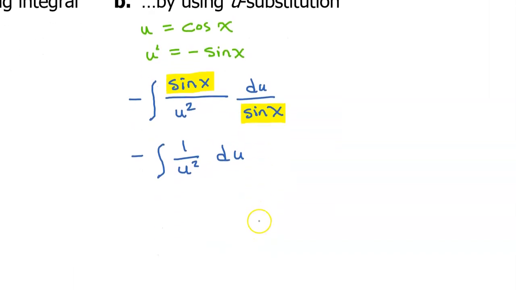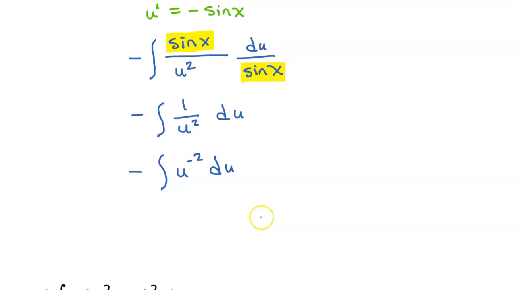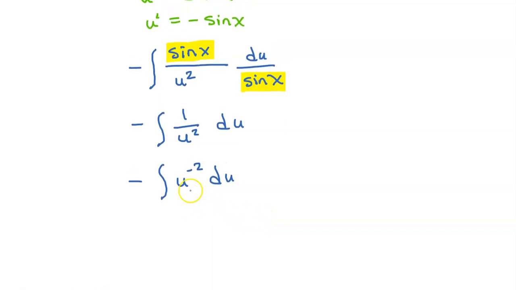Let's rewrite this a little bit. So 1 over u squared is the same as u to the negative 2 power. And now we can use the power rule of integration. So adding 1 to the exponent gives us a negative 1.